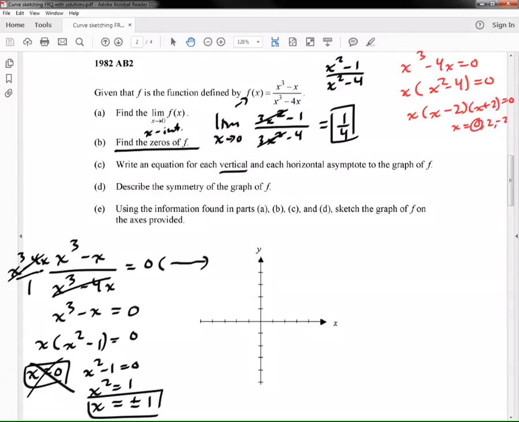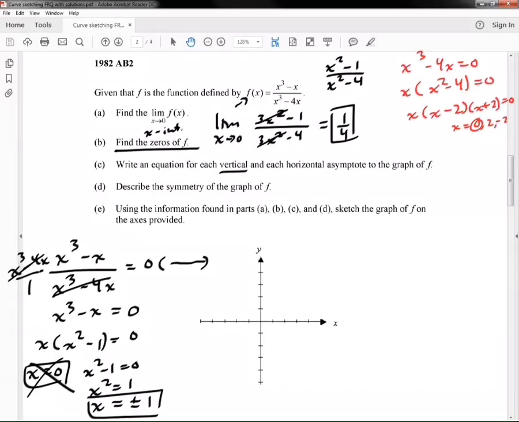And this should have thrown up an alarm at you. Like, what? That's a vertical asymptote? And then you would have looked at this x-intercept and said, well, that can't be an x-intercept because 0 is a vertical asymptote. But then wait a second, that actually contradicts what we found out in the very first thing that we did, this limit. This limit says that the y values for this function approach 1 over 4.